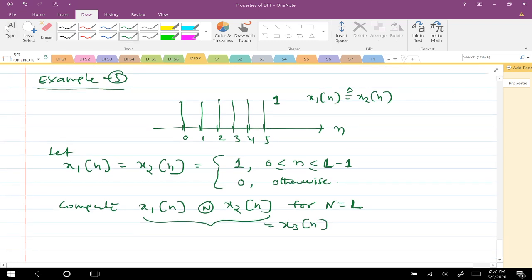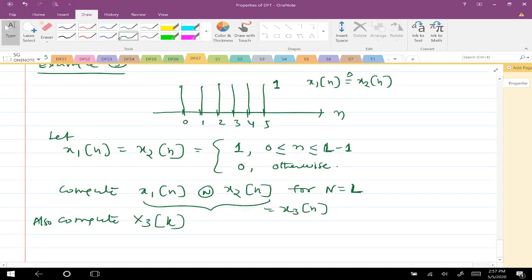So I also want you to compute x3 of k. That's what we will do here.